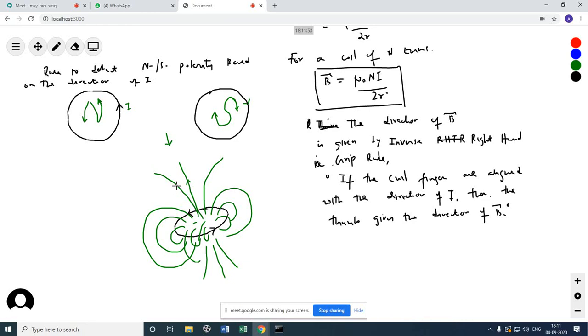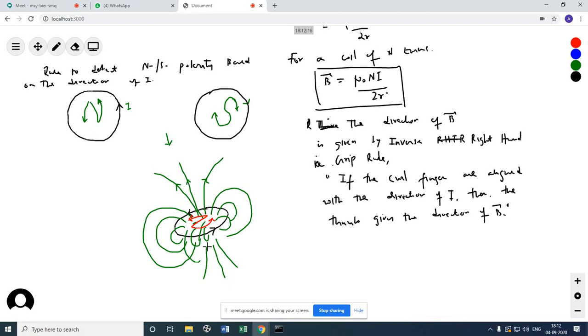So that means which side is north and which side is south of the coil, because a coil has two faces, a top face and a bottom face. One face must be north and another face must be south. So which face is the north and which face is the south? To understand this, look at the current. It depends on the current. I haven't given the arrows on these magnetic field lines of the coil.